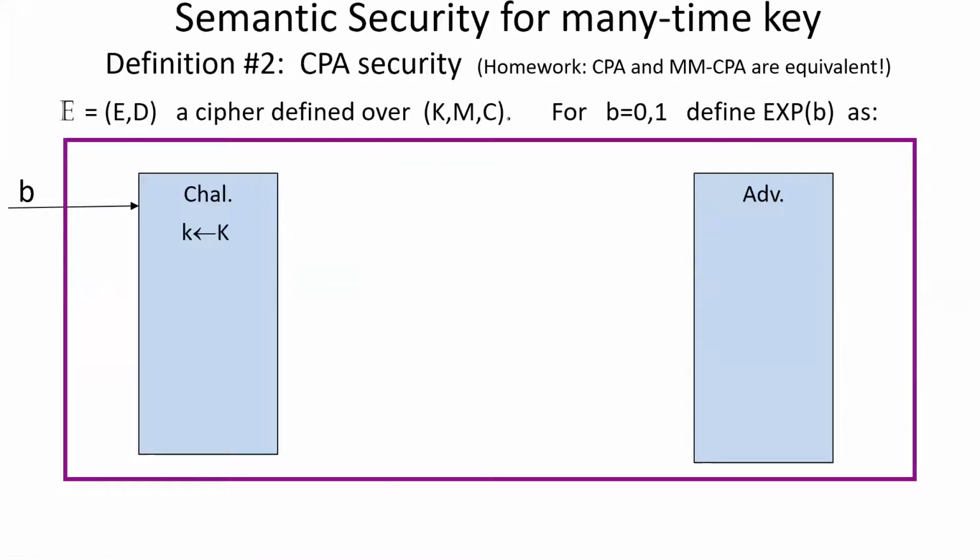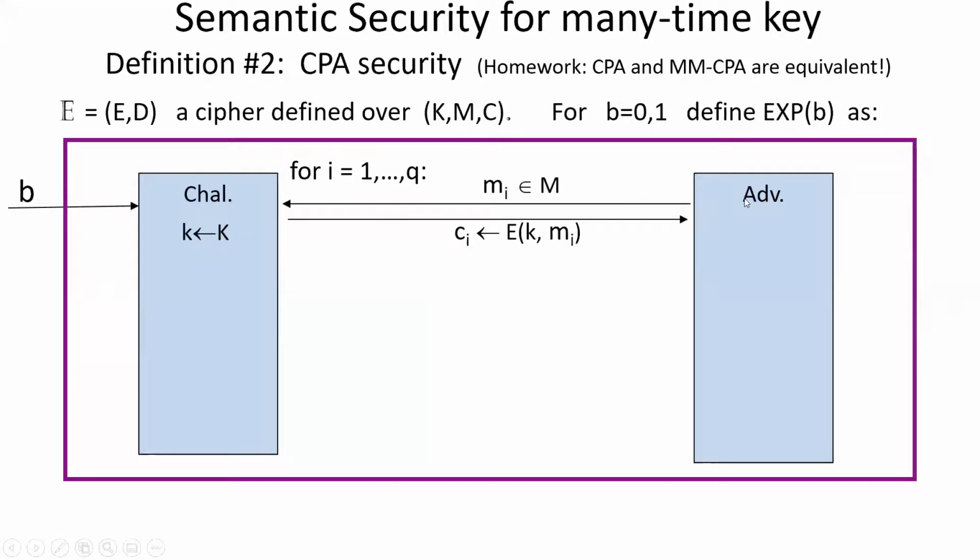Here is another view of CPA security, which, depending on your taste, you might find either easier or harder to see, but anyway, it's an alternative view. The challenger has this secret bit and chooses a key. So far it's the same, but instead of sending a pair, the adversary sends only single messages and gets to see their encryptions.